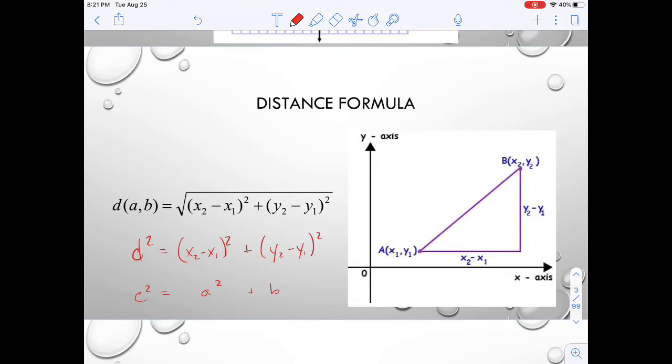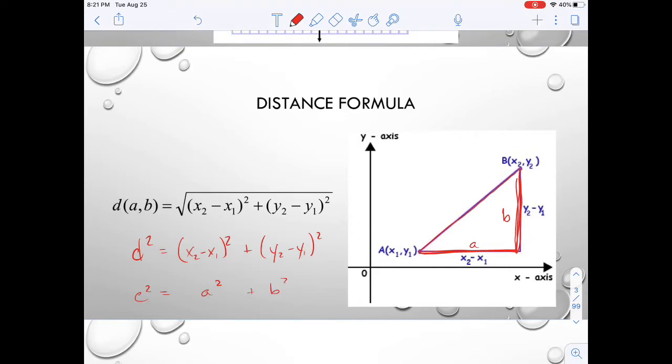Where a and b are simply my horizontal and vertical side lengths. If you look at my graphic over here to the right, here is my horizontal side length; you could call this distance a. My vertical distance, we'd call this b. And if I had a squared plus b squared, I end up getting my hypotenuse, or c squared.